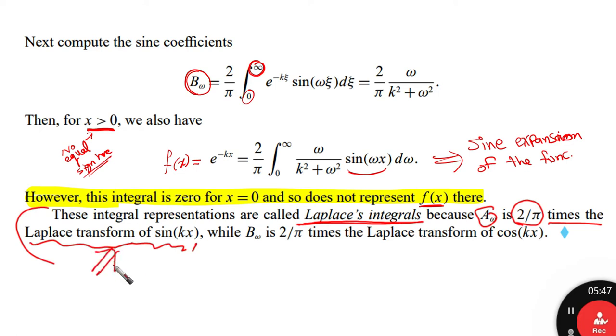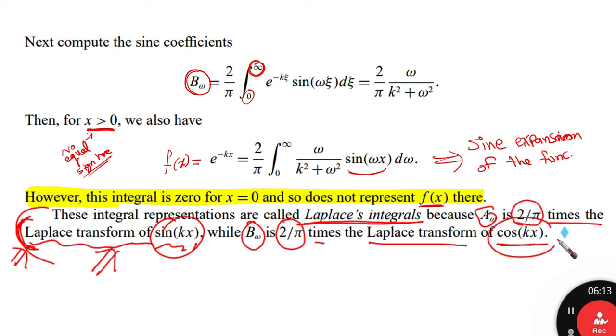If you do not know the meaning of Laplace transform, please revisit my previous videos, where I explained Laplace transform in engineering mathematics 1, level 1. Maybe I can put the link. If you know the sine and cosine Laplace transforms, you will understand it. But this is something additional, and we are not concerned with it now.